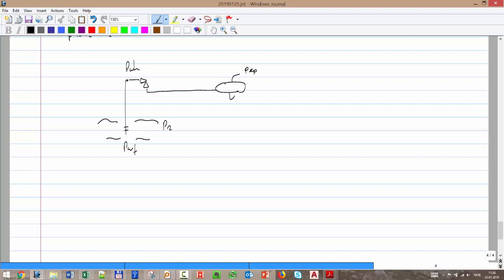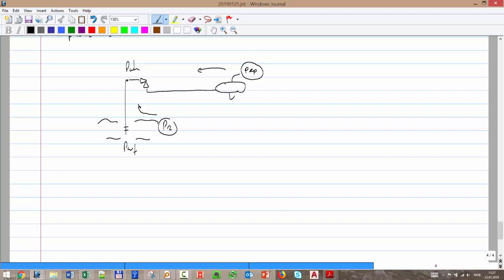Going from the places where I have fixed pressure, I'm going to go downstream, and go from both sides all the way to a point. That's what I call flow equilibrium analysis, also known as nodal analysis.